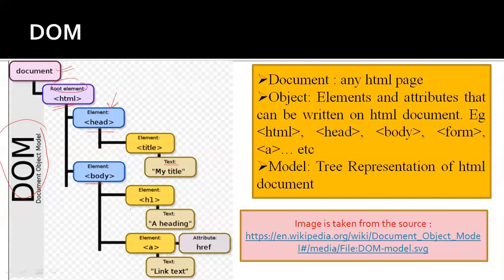Similarly, inside the h1 tag there is a heading, and inside the anchor tag there is a link text, and it contains an attribute href. This is just a representation. I'll discuss it again.